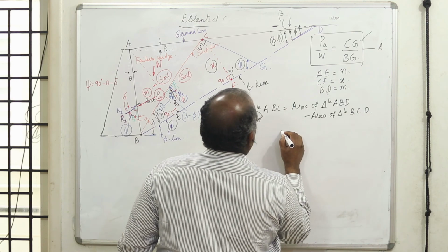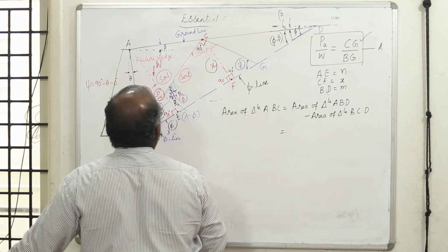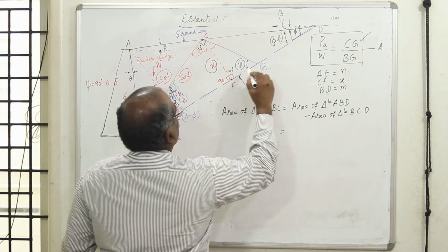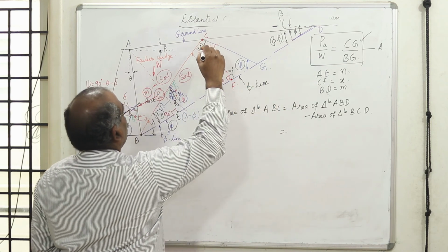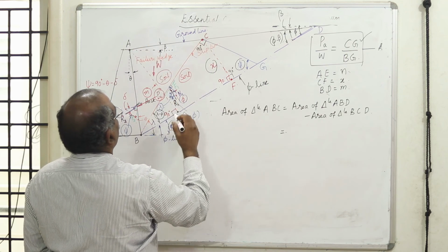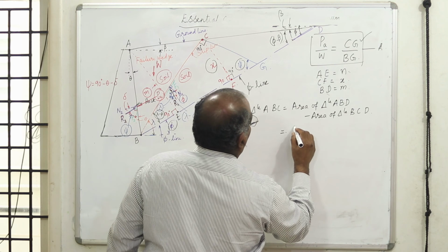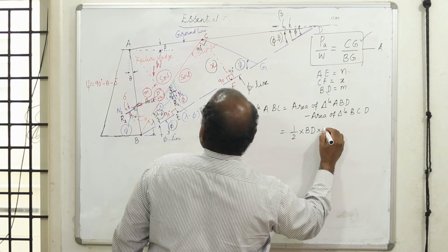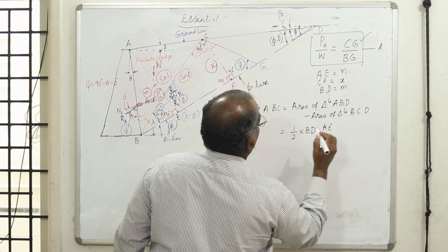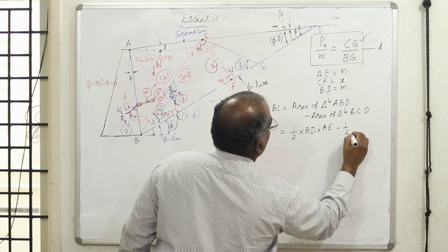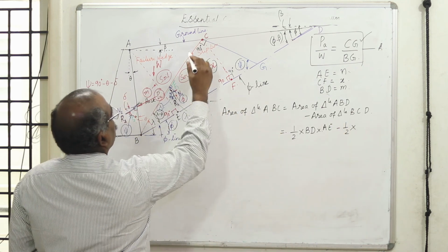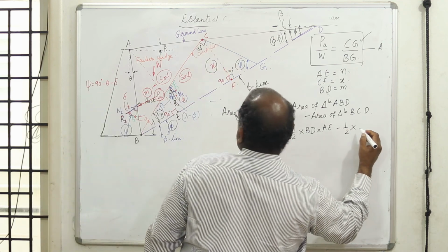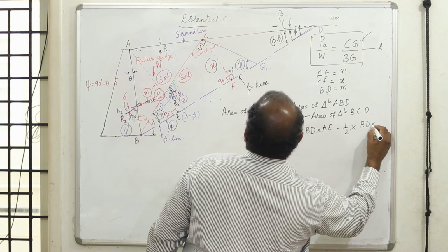Now what is the area of triangle ABD? If you take BD as the base, and this is the perpendicular distance drawn to the base, therefore half into base BD into height AE, minus half into this triangle, this is the perpendicular, the base is BD into CF.